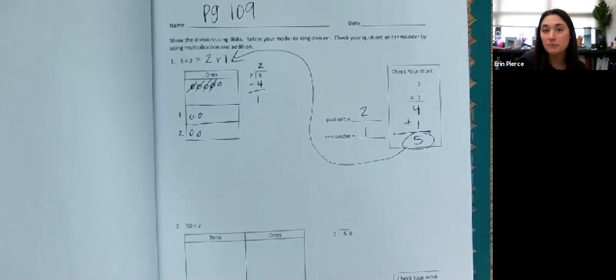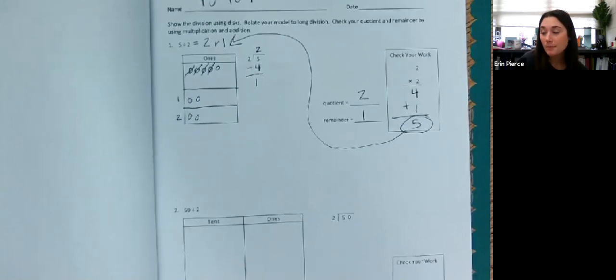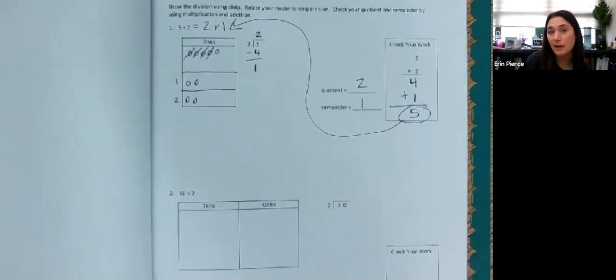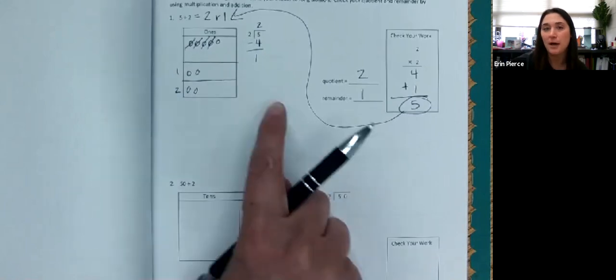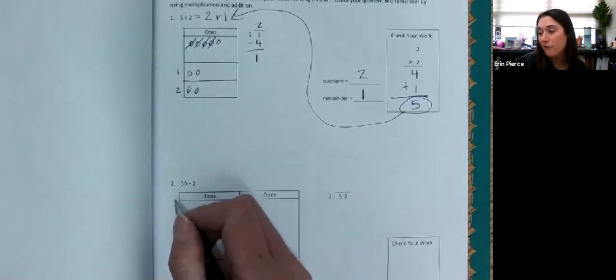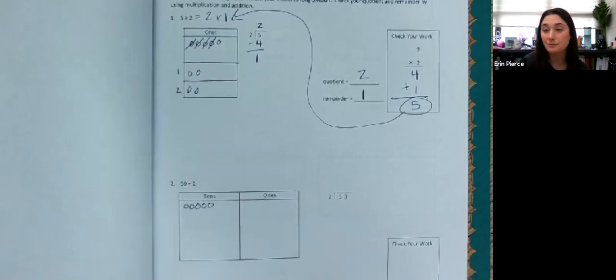Awesome. So the next one says 50 divided by 2. So very similar to the first one, but now we have 50. While I'm going to keep this first part up there so you can see it, I'm going to move on to down here. 50 is 5 tens, 0 ones.